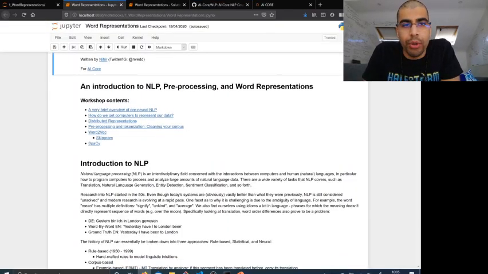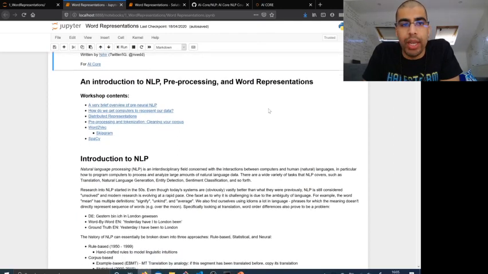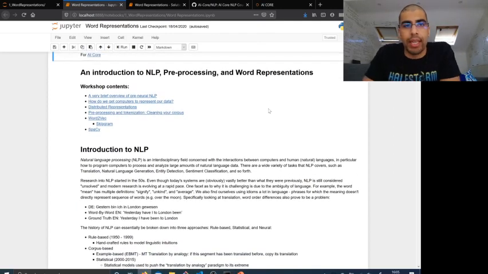Okay, so here's what we plan to cover in this workshop. We're going to start by giving a brief overview of the history of NLP and how we can get our computers to represent our language data. We're then going to look at something called distributed representations. Following that, we're going to look at two critical concepts in NLP, preprocessing and tokenization.